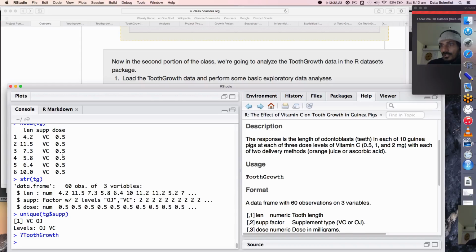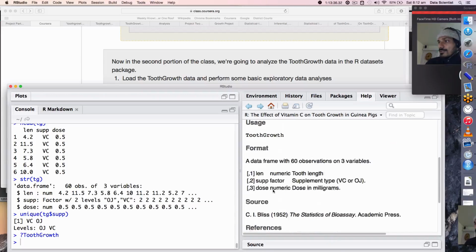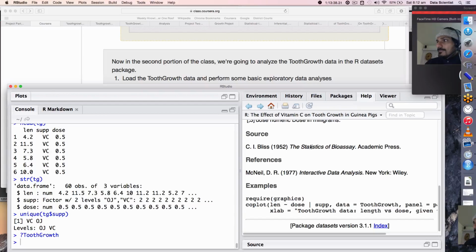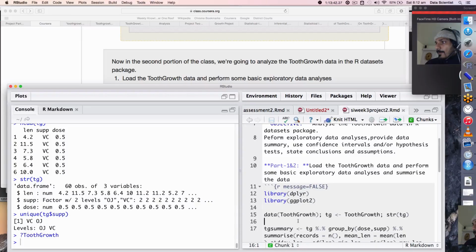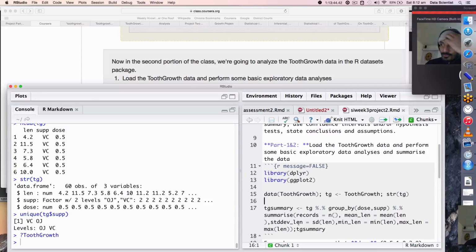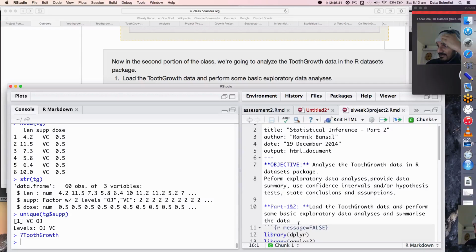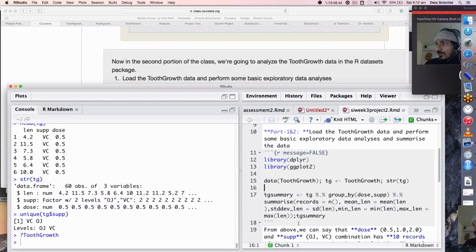I want to do some more exploration of this data now. I can create a summary of this data, grouping it by dose and supplement. I've seen the unique values for supplement. Let's see what about the dosage.